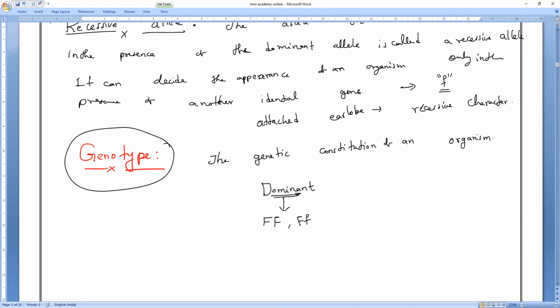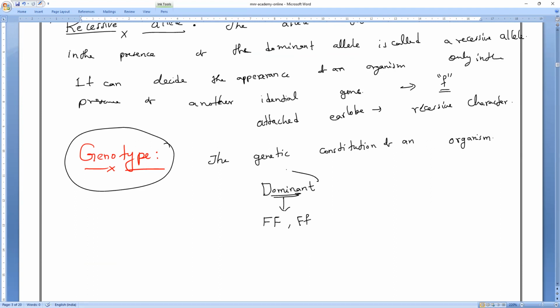So dominant means, what are the genotype possibilities? Only two possibilities. Either both capital or at least how many capitals? At least one capital and one small. If you know this point, none can make you mistake in a heredity question.